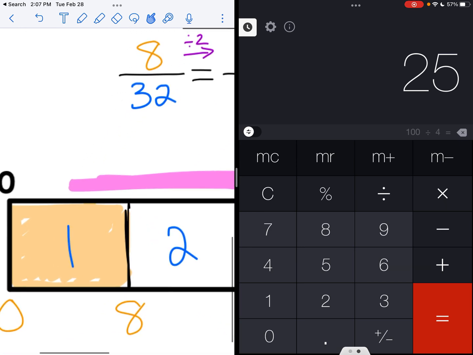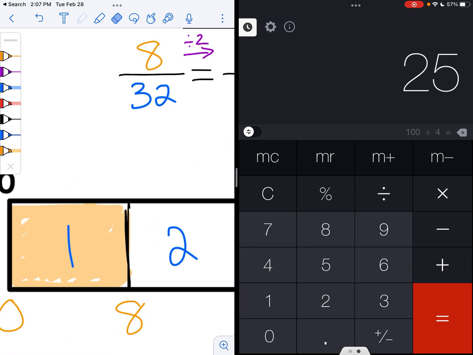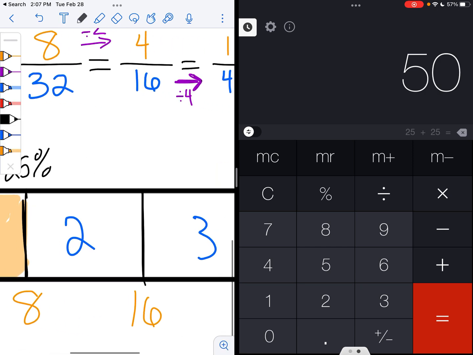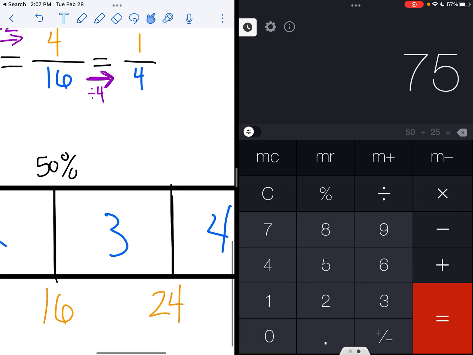So on top of the first line, we'll write 25. 25% plus 25 is 50. So the next line is 50%. The next line is 75%.